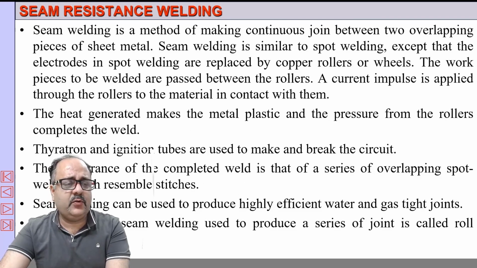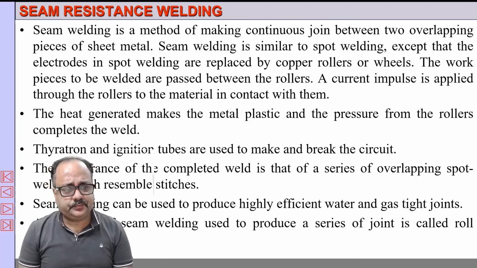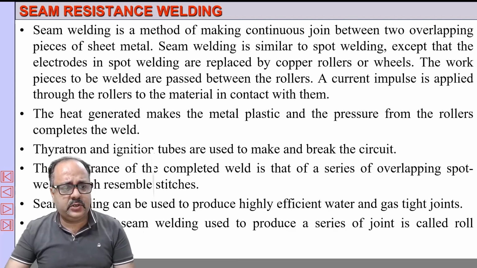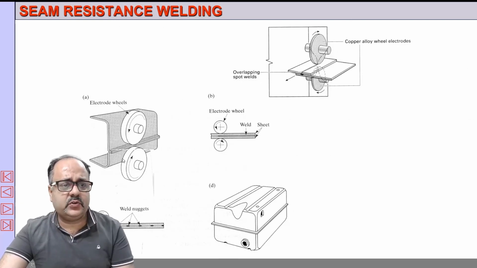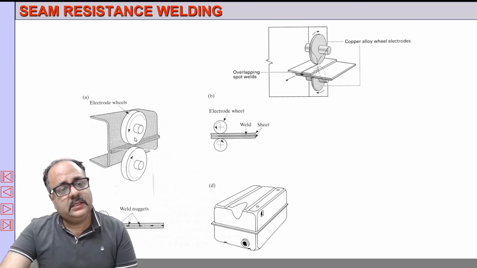Okay, then we have seam welding. Seam welding is an efficient method of obtaining a continuous overlapping joint, and is mainly used for making tanks, ignition tubes, etc. Here the copper electrodes are replaced by copper electrode wheels. The copper wheel rotates over the two metal pieces being joined, and the current is switched on.